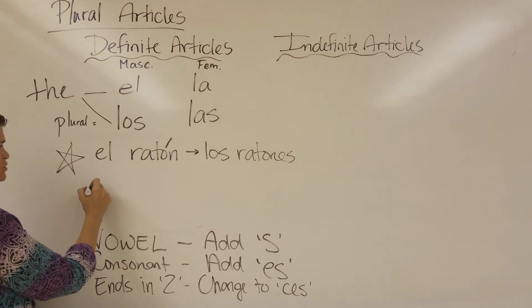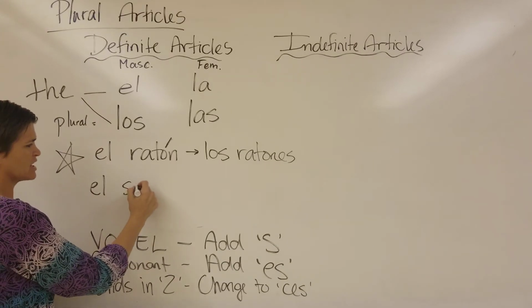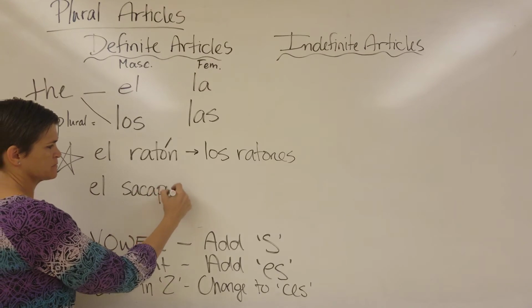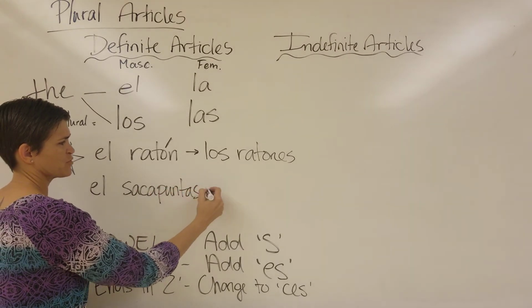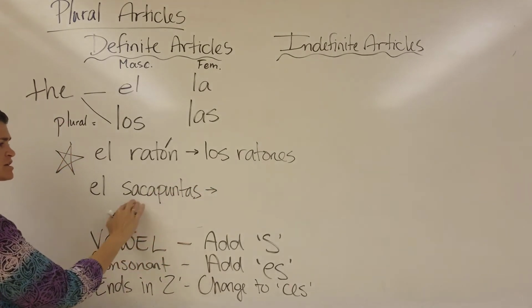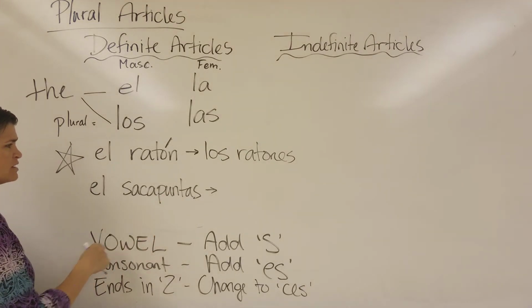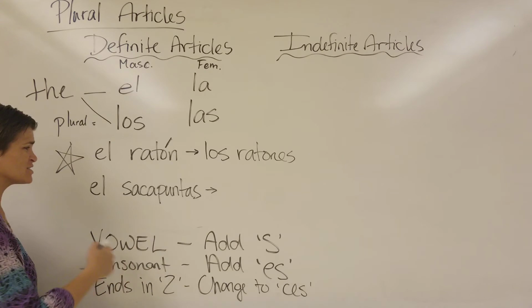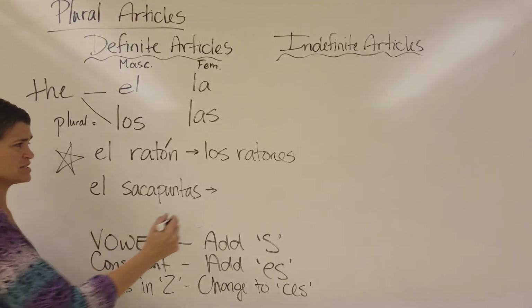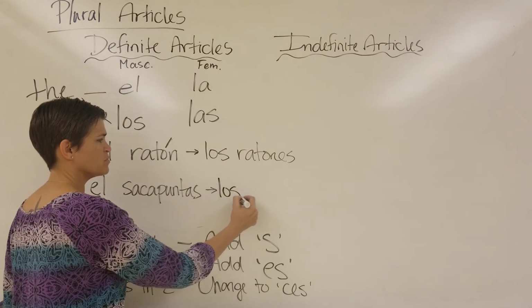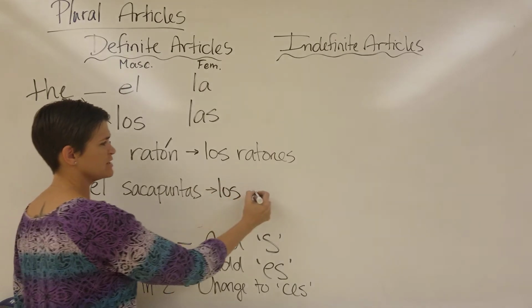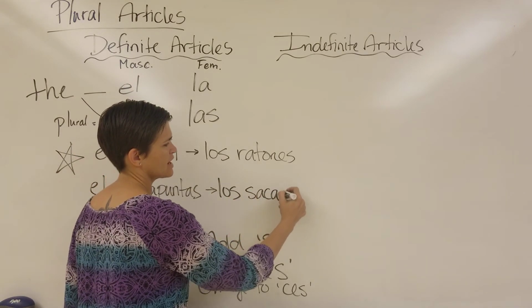And the other special one is el sacapuntas for the pencil sharpener. Because it's a compound word that actually means point maker, it looks like it's plural already. So when we go to make it plural, there is no such thing as sacapuntases. We make the article plural and we just leave sacapuntas as it is.